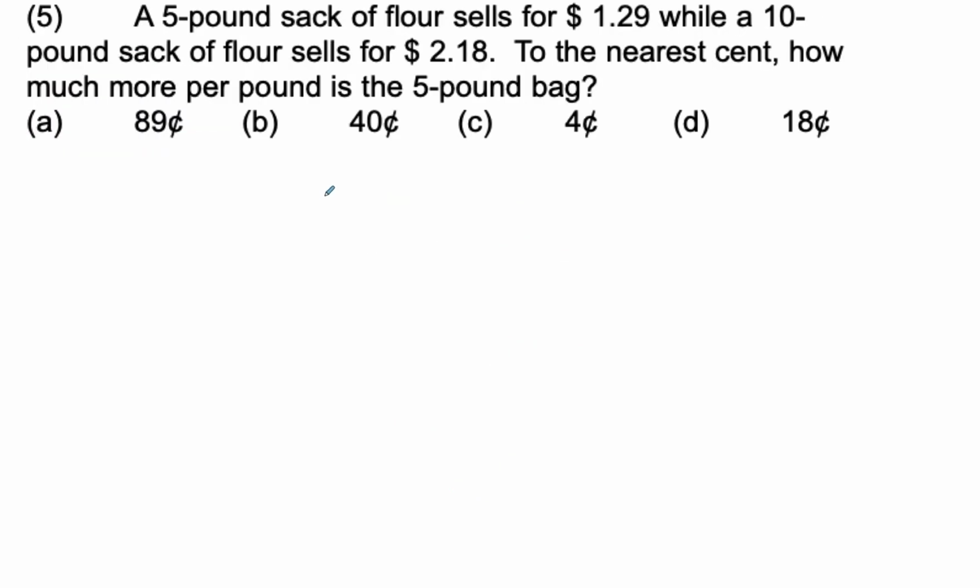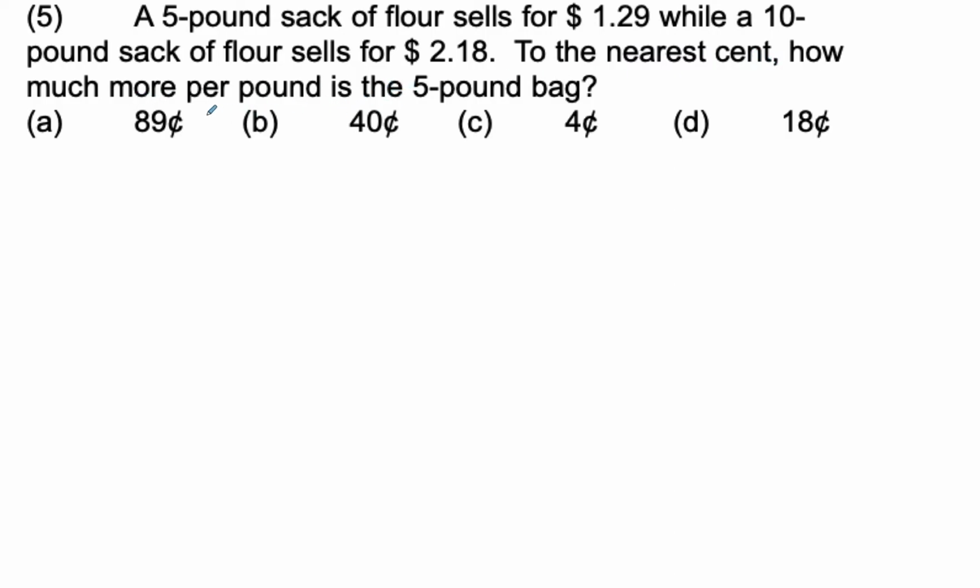Number 5, a 5-pound sack of flour sells for this much, while a 10-pound sack sells for this much. We doubled the amount, but the price was a little cheaper than double. To the nearest cent, how much less per pound?